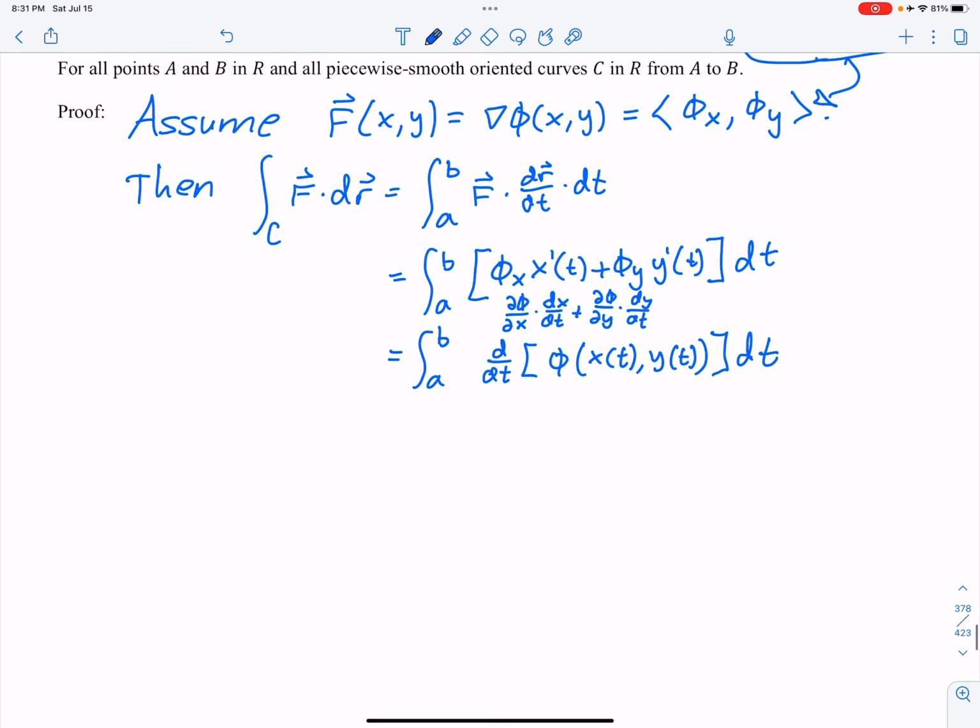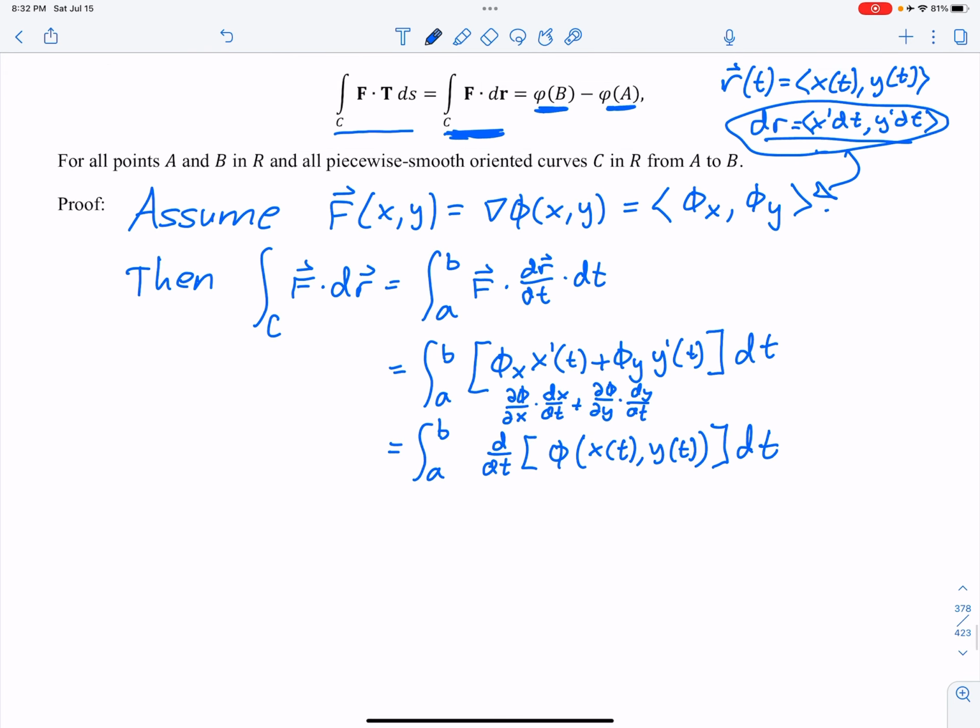What makes this great, and this actually proves everything for us, is that the integral of a derivative gives me phi of x of b, y of b. We'd plug b into x and y, and then plug that into phi.